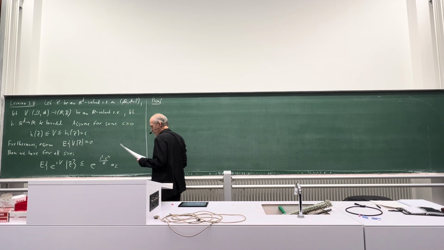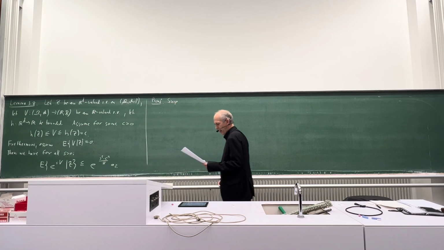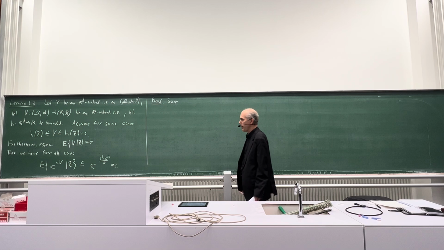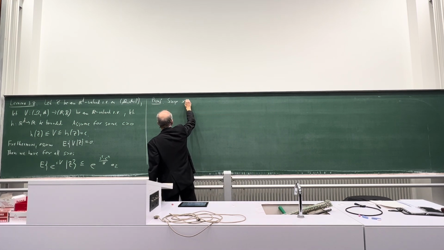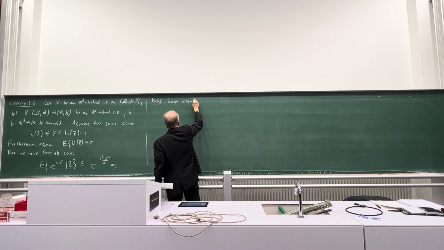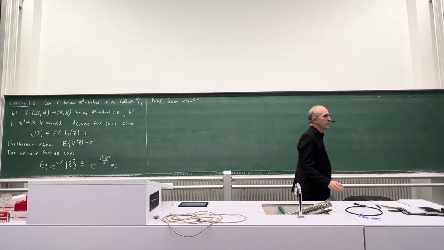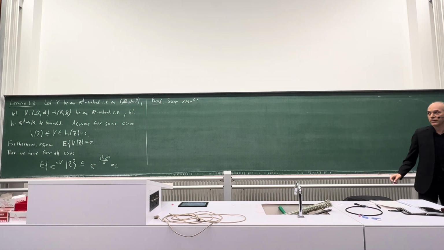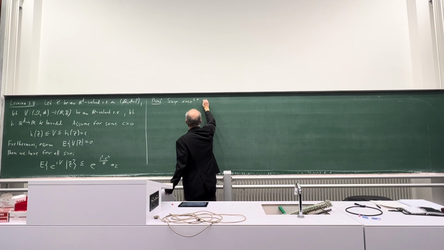If I map x to e to the power s times x, then this is a convex function, which is clear because the second derivative is greater or equal to 0.